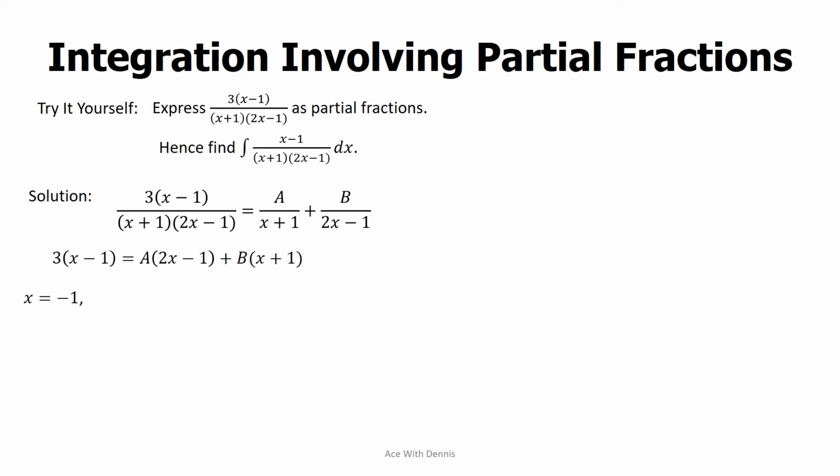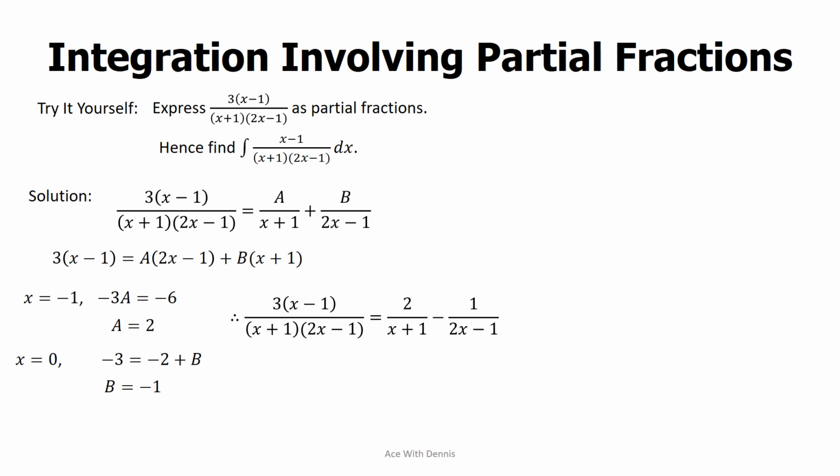And then when x goes to negative 1, we get negative 3a equals negative 6 and a equals 2. When x equals 0, negative 3 equals negative 2 plus b, which will get b equals negative 1. Therefore, the partial fraction for 3 times (x minus 1) over (x plus 1)(2x minus 1) is 2 over (x plus 1) minus 1 over (2x minus 1).